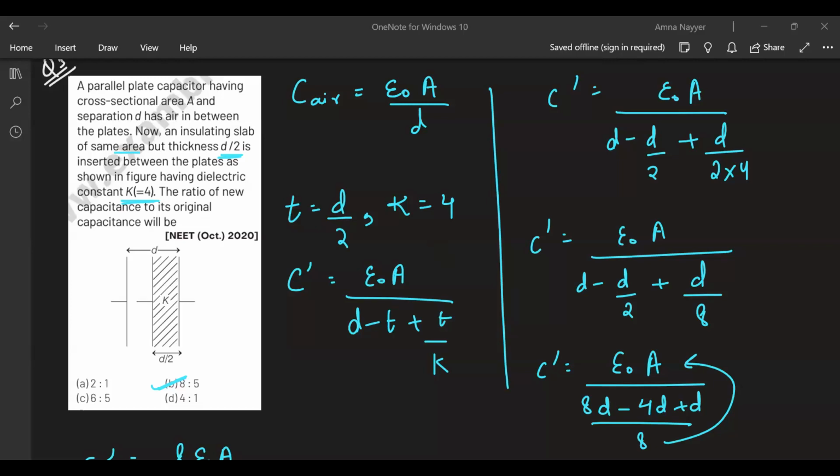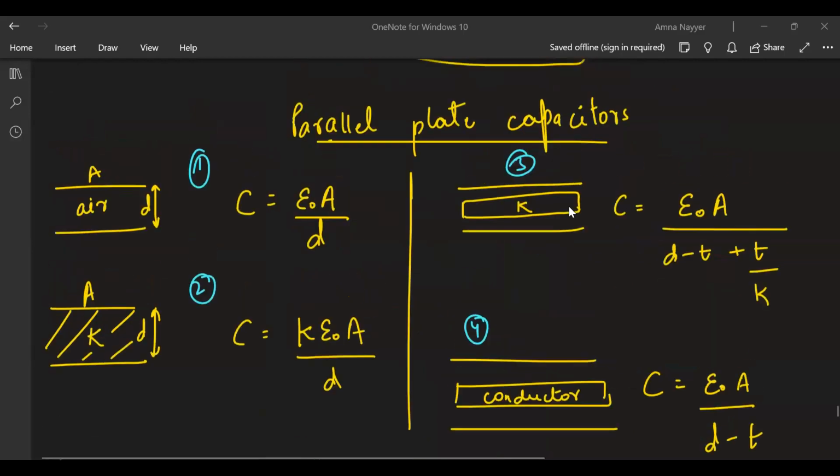Formula part, yes, you're right. You write the formula also so that your notes will be complete. Write this also.